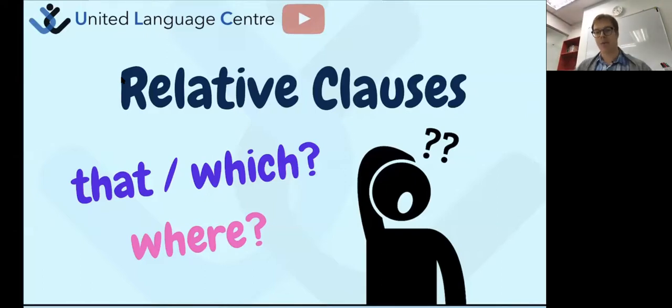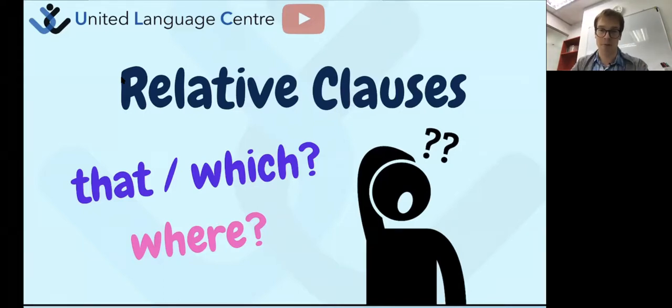We have words like who, that, which, where. Those words give us more information about what we're talking about: man, that; thing, that; boy, who.